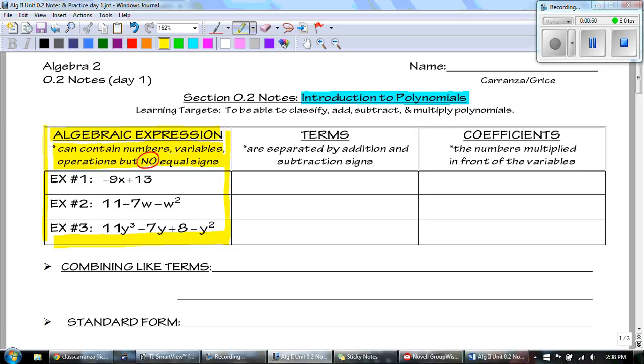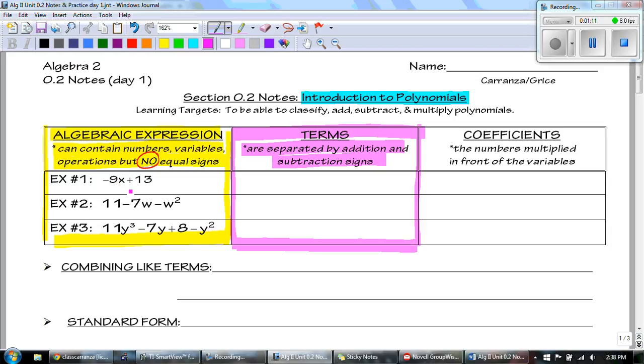Within that algebraic expression, there are two things that we're going to be discussing. The first is terms, and terms are separated by addition and subtraction signs. So let's go ahead and take a look at our terms.